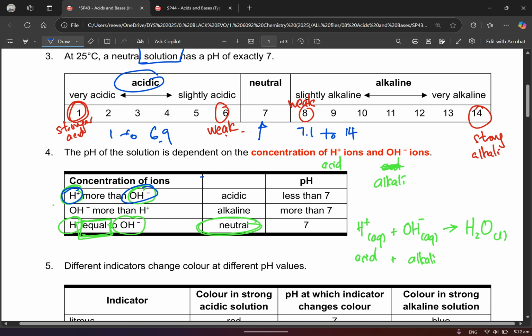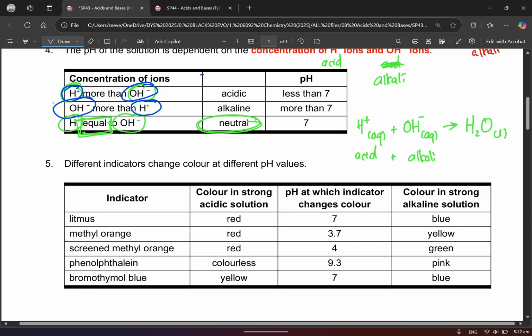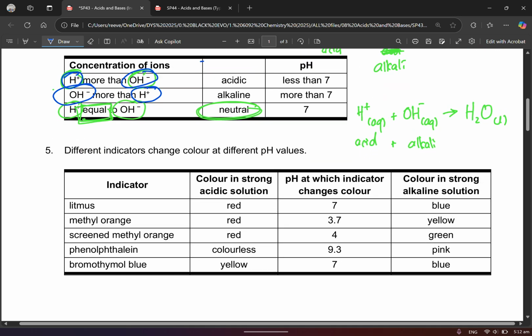Likewise, when I say aqueous ammonia is alkaline, it does not mean that aqueous ammonia doesn't have H plus ions. It has, but there are much more OH minus ions, so the overall pH turns alkaline, more than 7. Okay, if you don't understand, you rewind the video again.